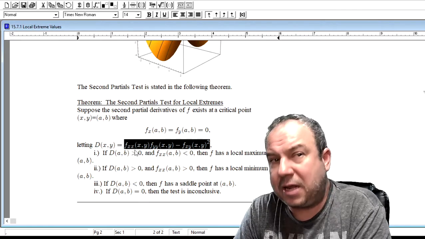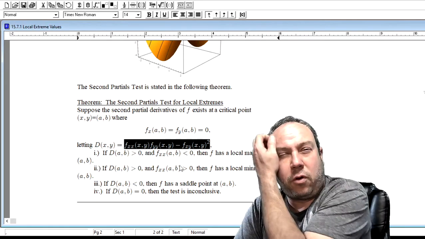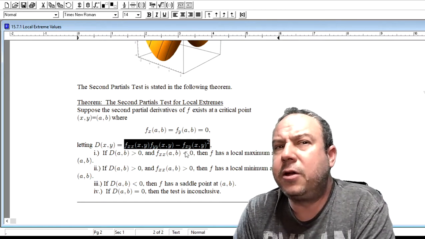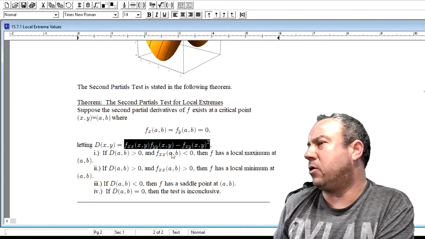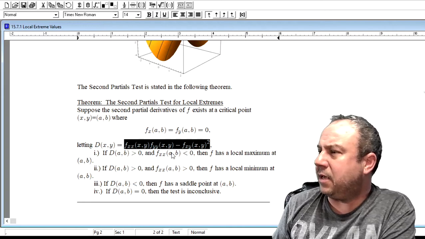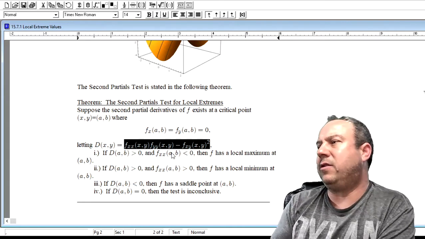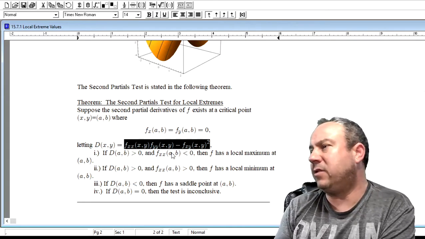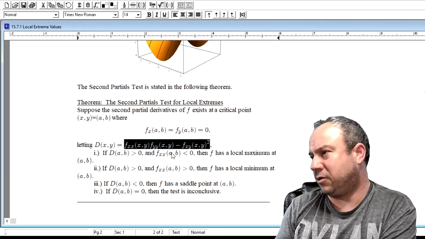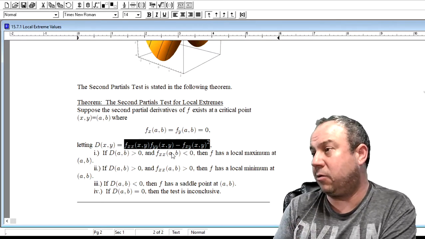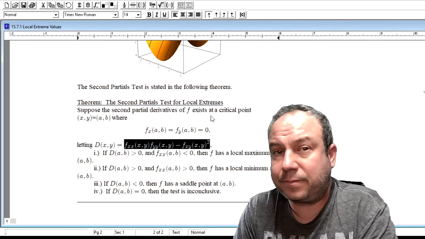Then depending upon which case you're in, if you're in case 1 or 2, you go back and look at your second partial with respect to x or y at (a, b). If it's less than 0, you have a local max, and if it's greater than 0, you would have a local min. That's the second partial's value, greater than 0 or less than 0.